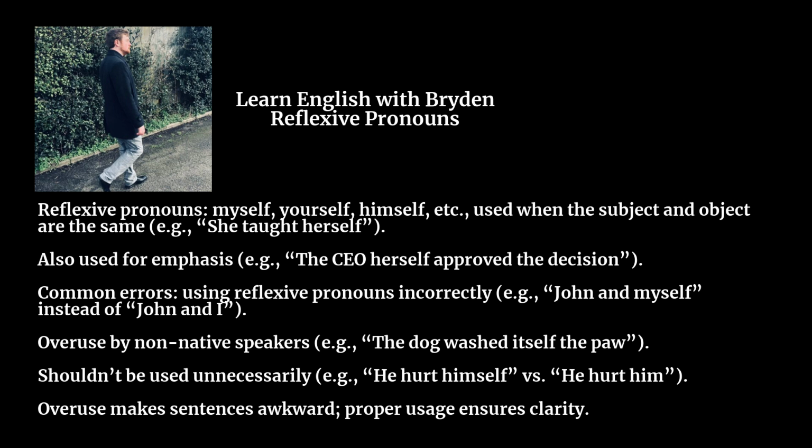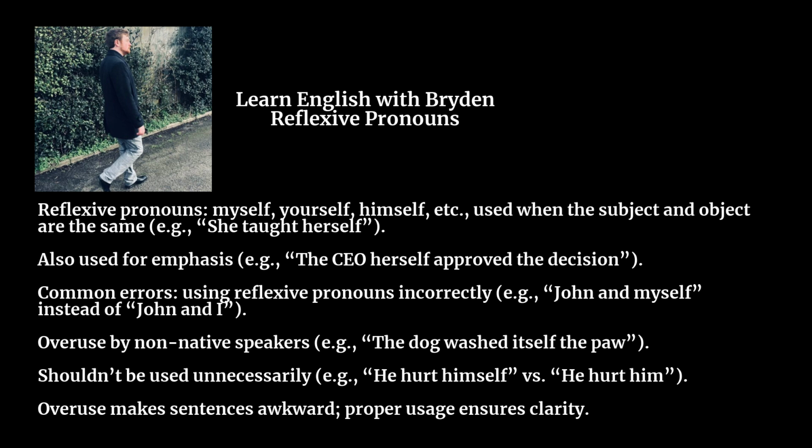even native speakers. One common error involves replacing personal pronouns with reflexive pronouns incorrectly, often in an attempt to sound more formal. For instance, saying "John and myself went to the meeting" instead of "John and I went to the meeting" is grammatically incorrect, because myself can only be used reflexively or emphatically, not as a simple subject or object.